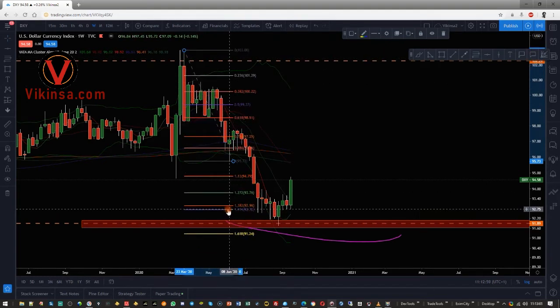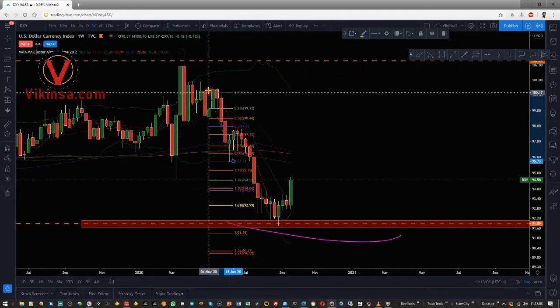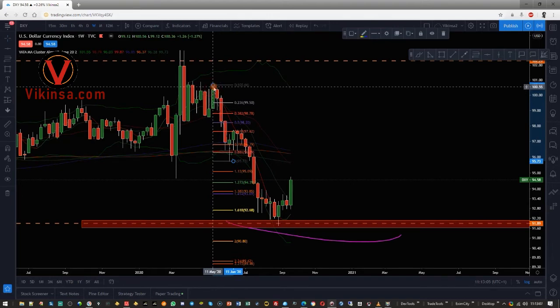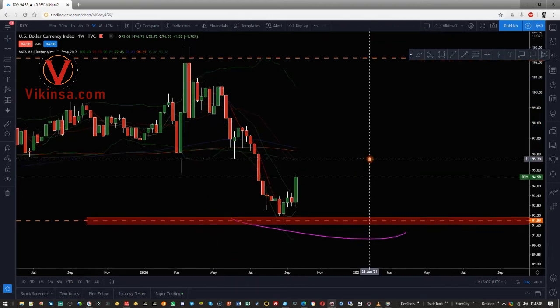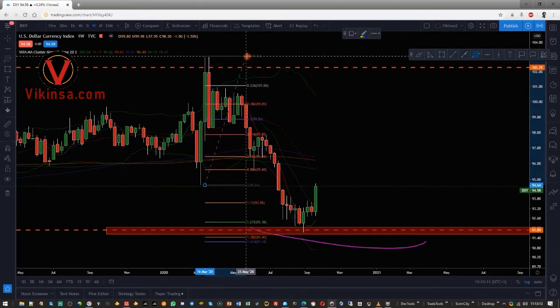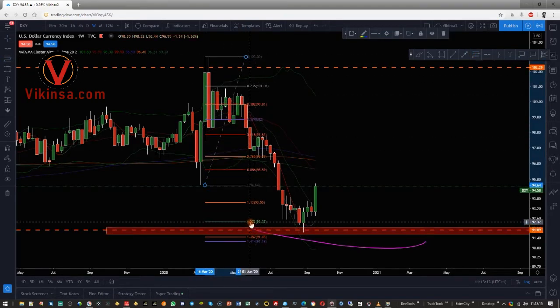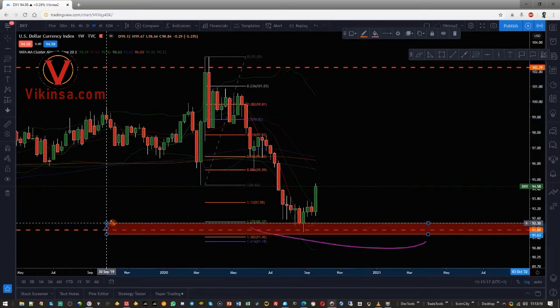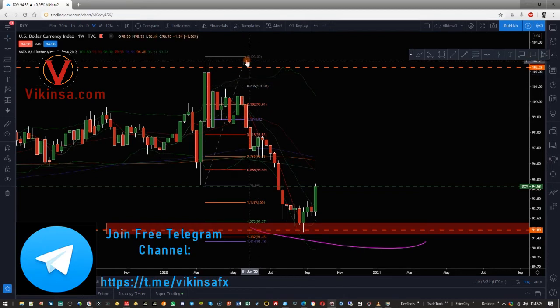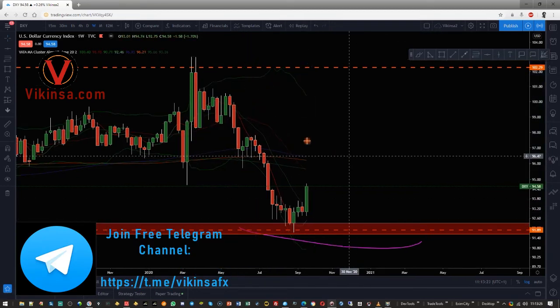So not much is lining up here on the Fibonacci extension, but this one is very close, 161.8. That's very, very close. So that's how we build our case. Another thing that we could do is Fibonacci extension on this leg, and that is also looking at 127.2. So this is looking like a very good zone for us to take a trade. Okay, so this is how we planned it, and we knew that market was going to go higher from there.